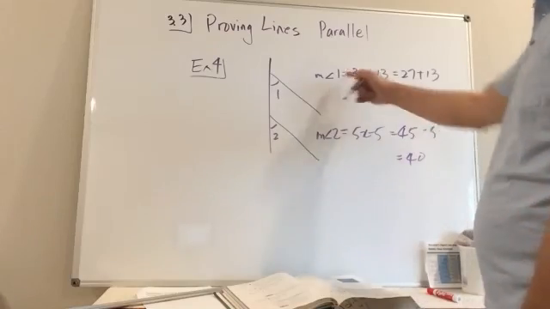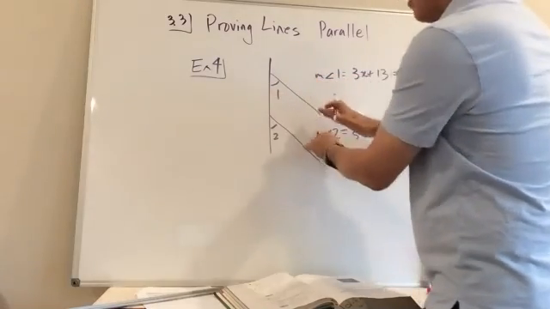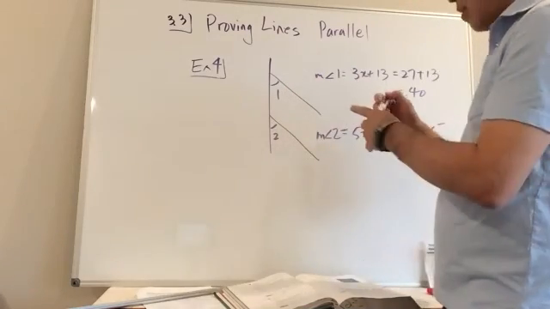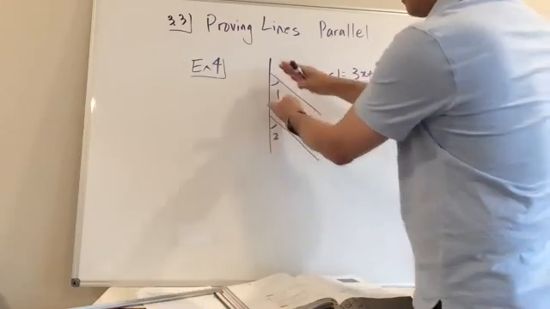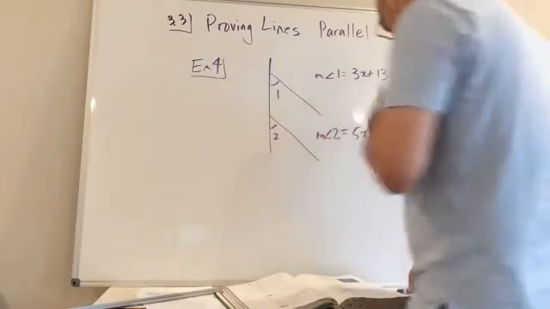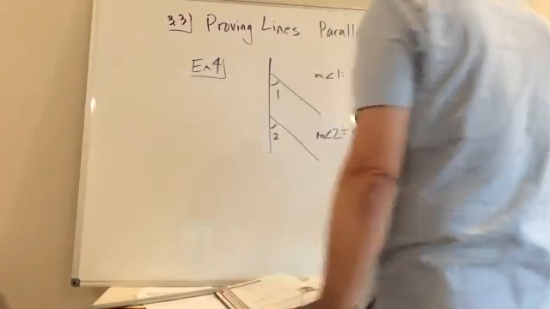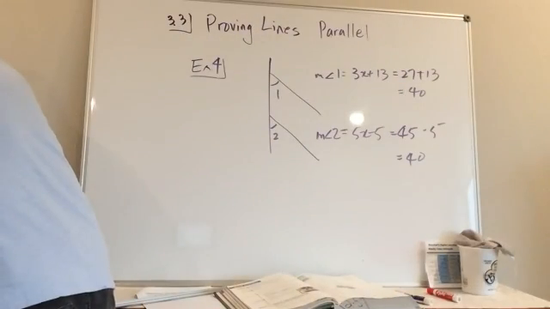So angle 1 and 2, which happen to be corresponding angles, are congruent. They're the same. Therefore, these two lines have been proven to be parallel. Okay? Right, and we're done. Okay, so that's the end of 3.3.